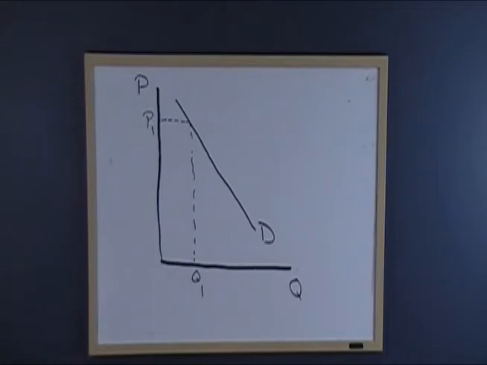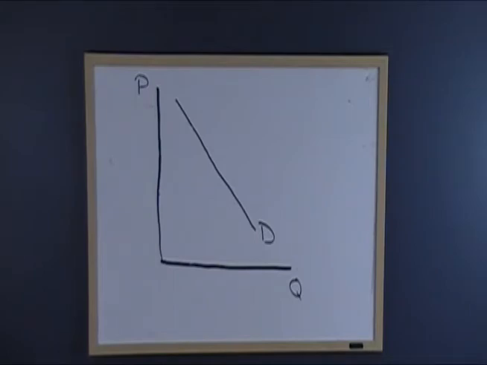We just go to a different point on our demand curve, such as P2. At price 2, we see that the quantity demanded is larger. And that makes sense because as price falls, the quantity demanded is going to rise, going back to the law of demand.